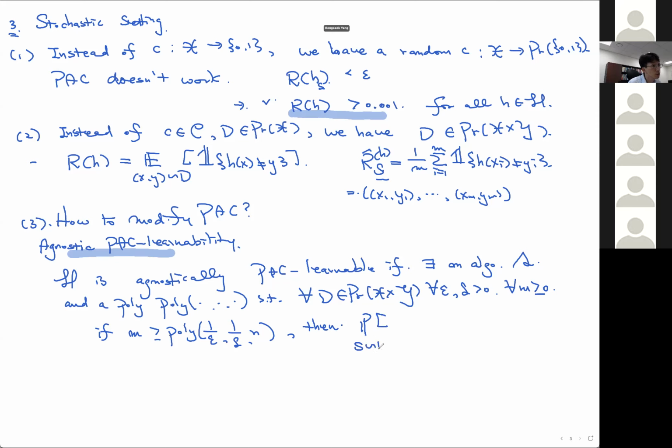So the risk of H_S, which is returned by the algorithm A, is only slightly worse than, in the worst case, what we can achieve within the class, which is the minimum over H.